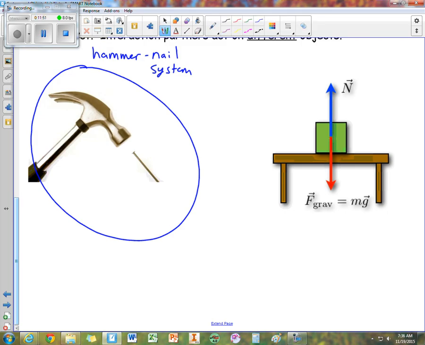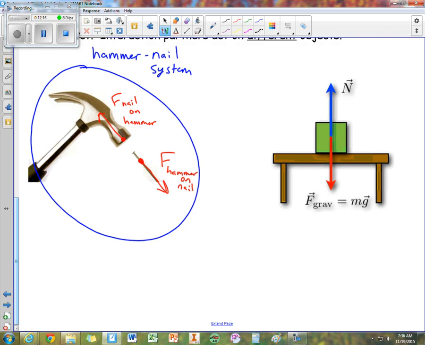So what this means is that the internal forces here, we would have a force of the hammer on the nail, and here we would have a force of the nail on the hammer.